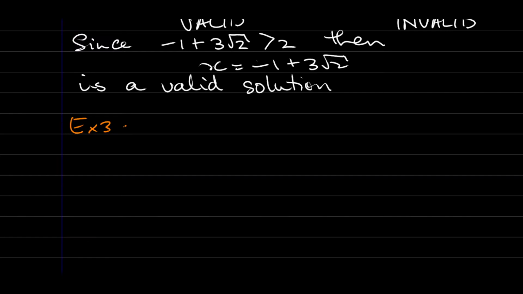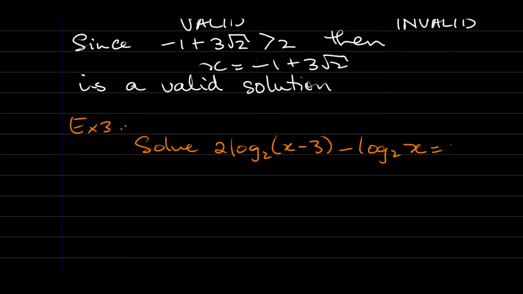Example number 3. And we're to solve 2 log to the base 2 of (x minus 3), minus log to the base 2 of x equal to 1. And that would mean that, well, let me just work this a little bit.